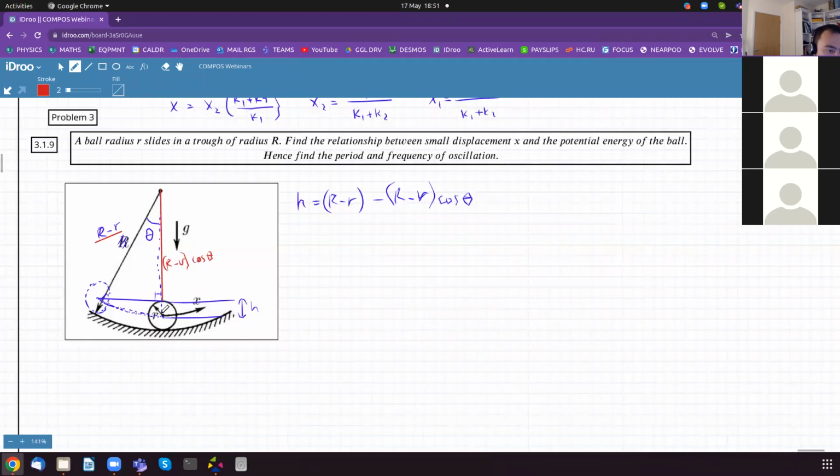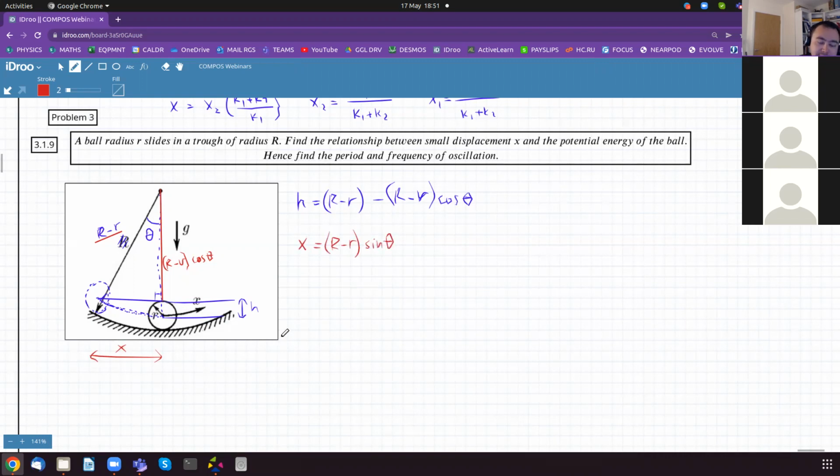Now this displacement we will call X. This is a small displacement of the ball X. And we know that X is R minus r sine theta.